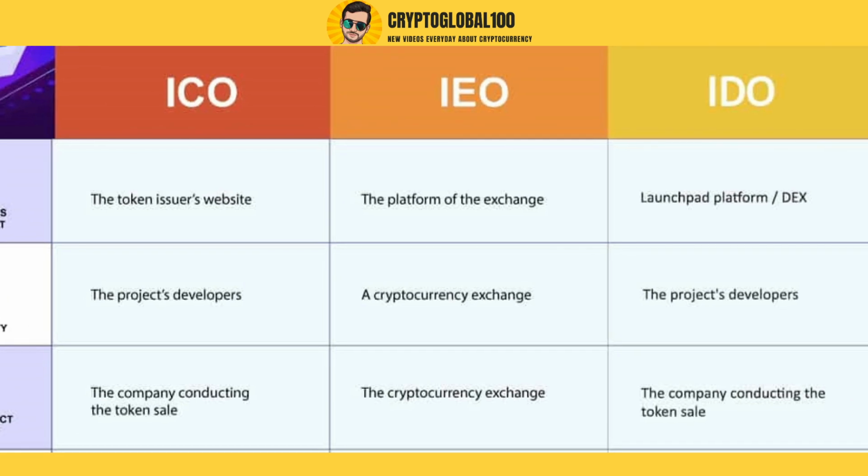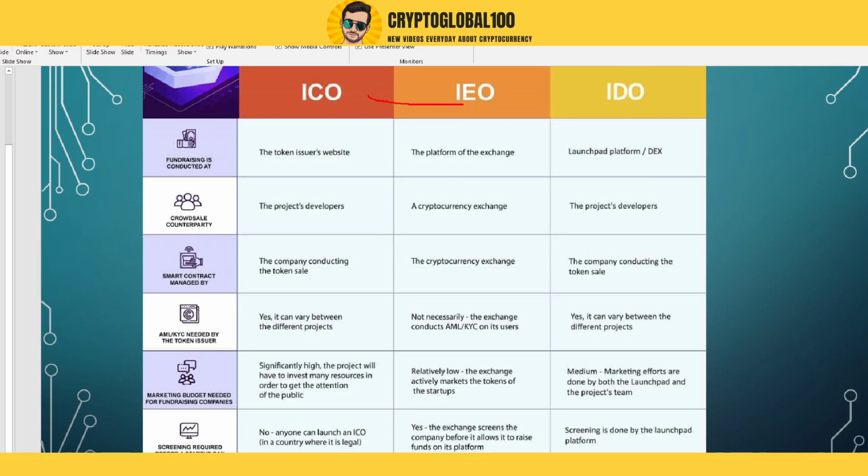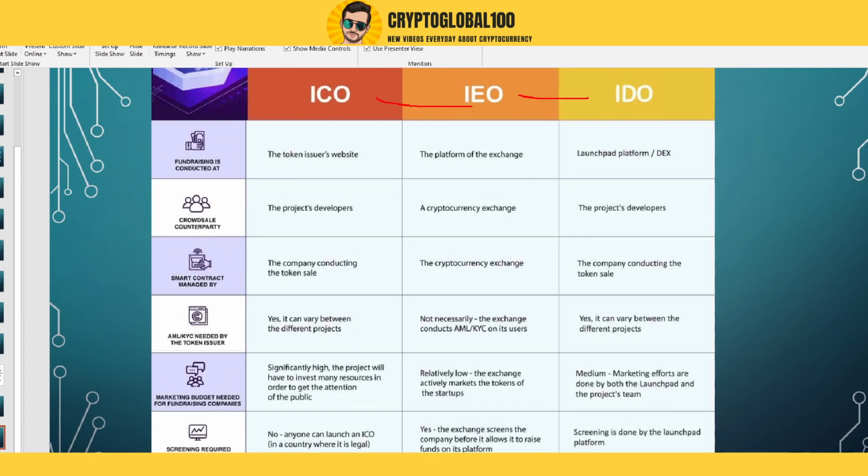So now the difference: ICO versus IEO versus IDO. I think you must have heard about the ICO and IEO. Now it's all about the IDO. Here it is launched on the launchpad of the DEX exchange.